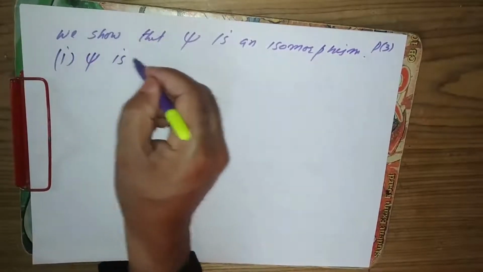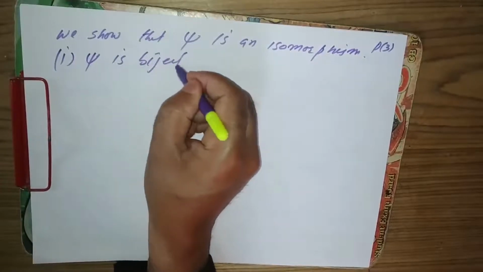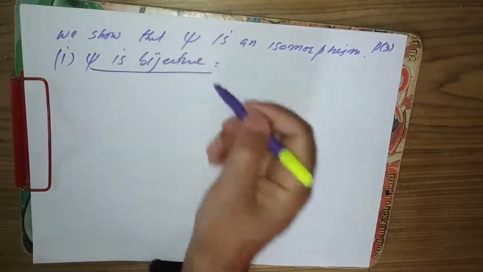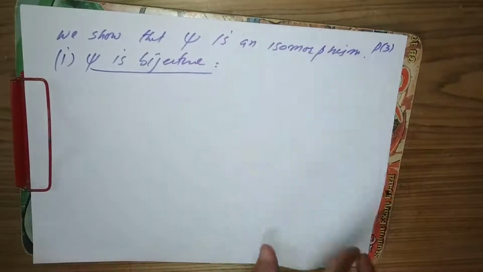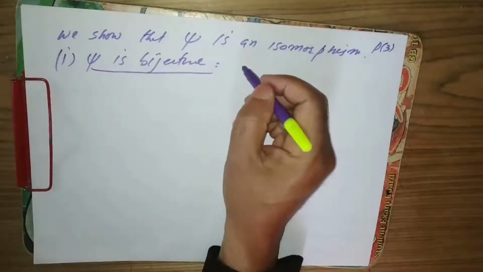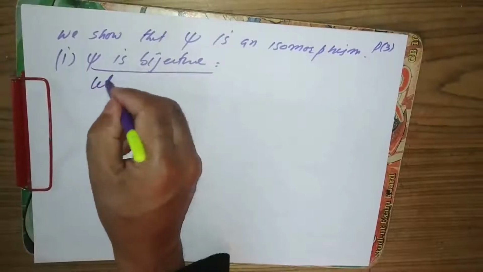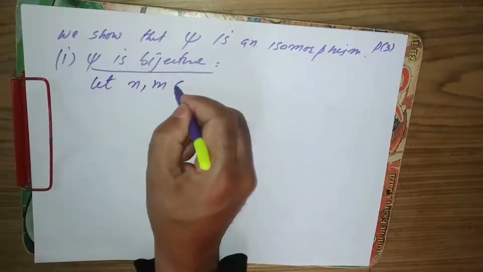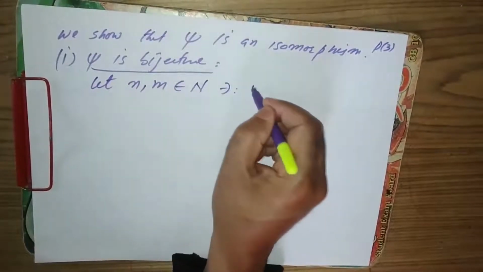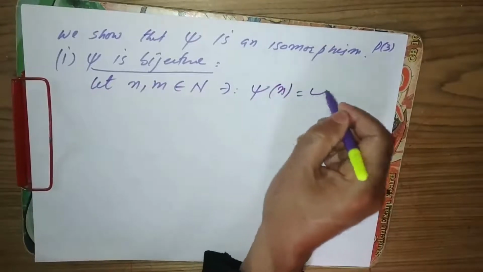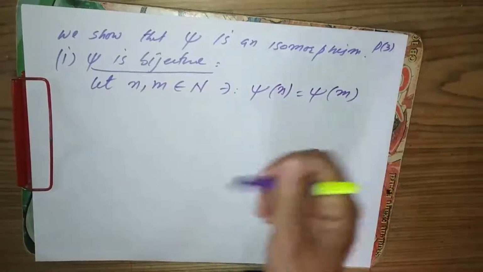Let us first prove psi is bijective. It's a map from N to the monogenic semigroup. Let n, m belong to N such that psi of n is equal to psi of m. We show that n is equal to m, that means one-oneness.